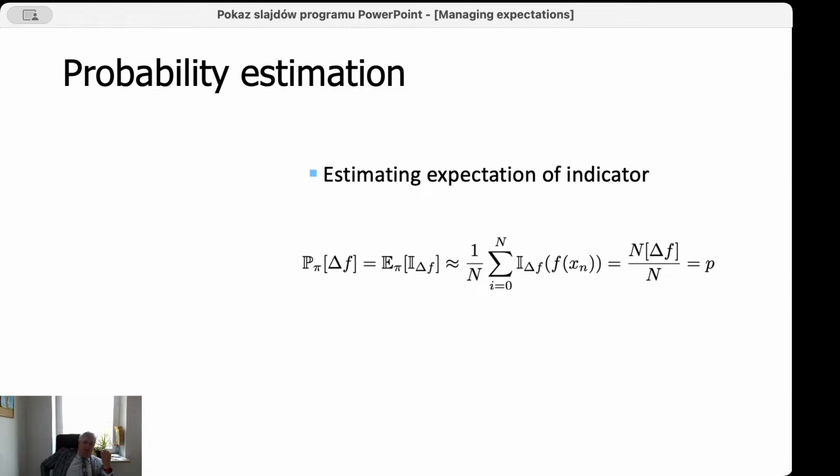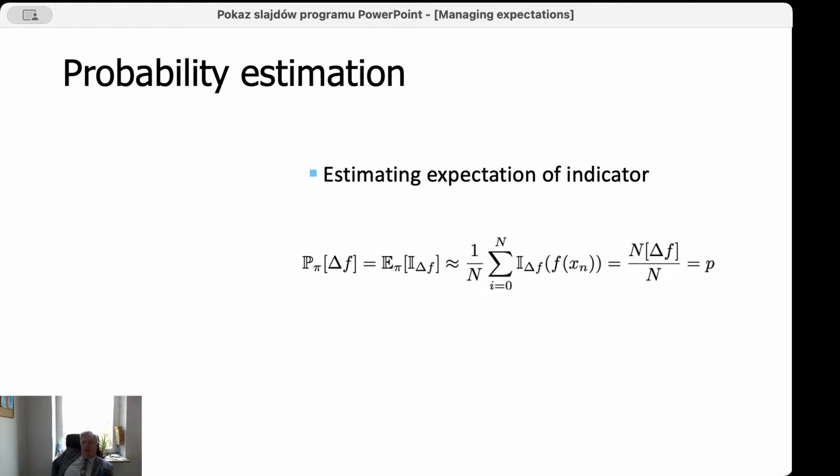So, computing the expectation of such an indicator is relatively trivial because the integral reduces to a sum, because the function takes values of either 0 or 1 depending on the given value.